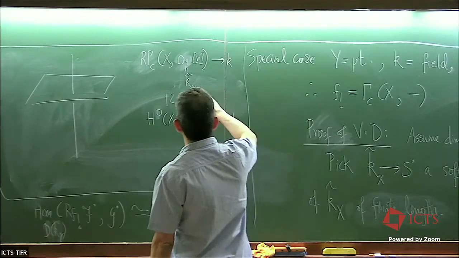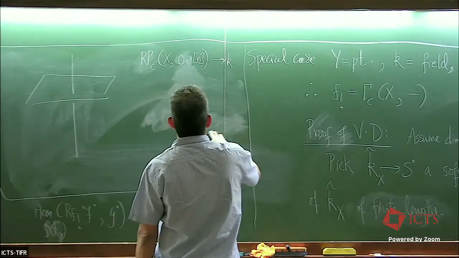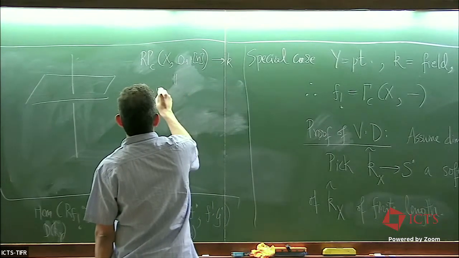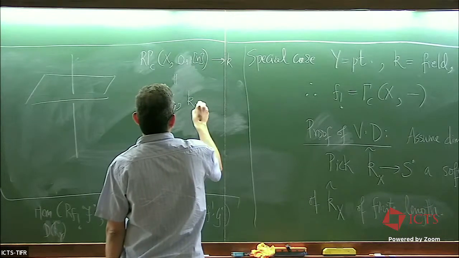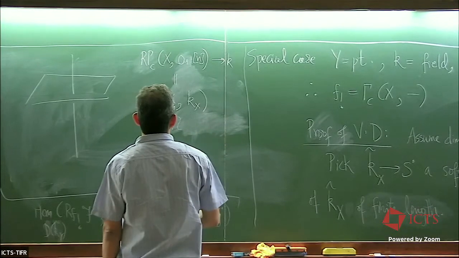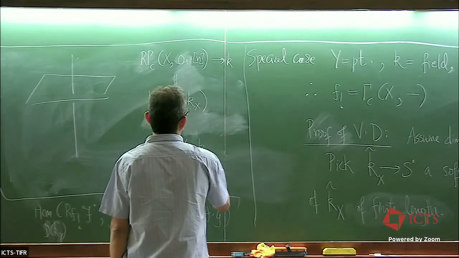Okay, sorry, this is not that. So this will turn out to be C_X, and this is isomorphic to H^0. Okay.